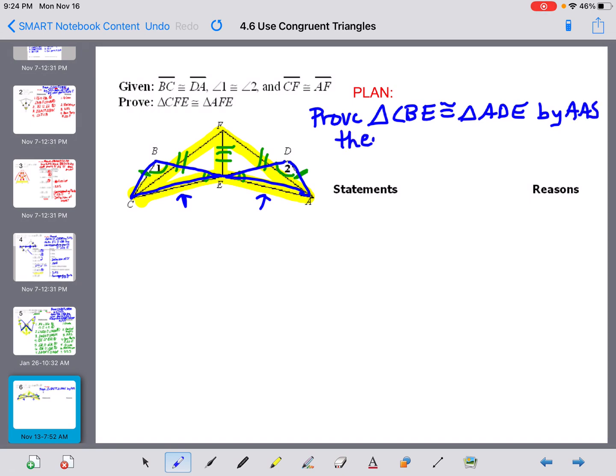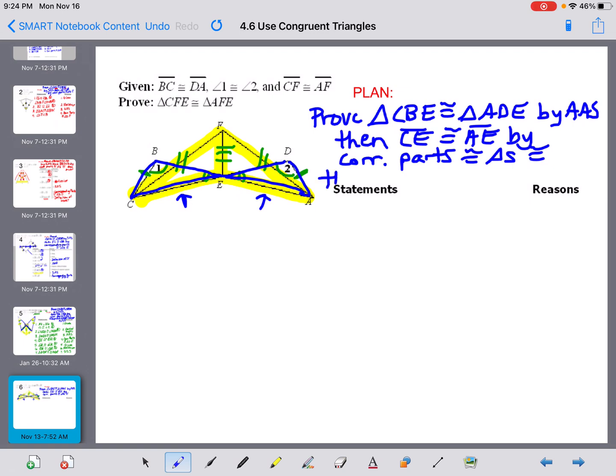Then we want parts, I was pointing to them with the arrow there, CE congruent to AE by corresponding parts of congruent triangles congruent. Okay.